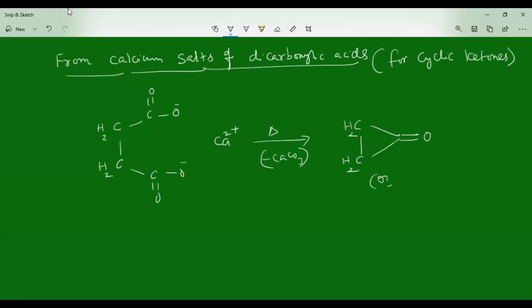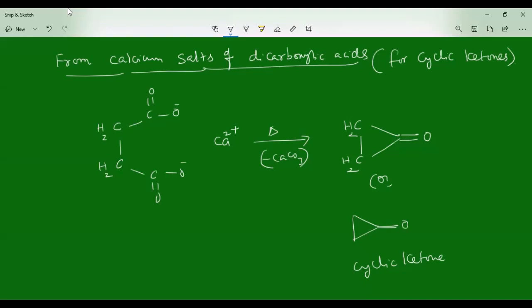We can simply represent it like this. We call it a cyclic ketone. Its name is cyclopropanone. Hope you understand.